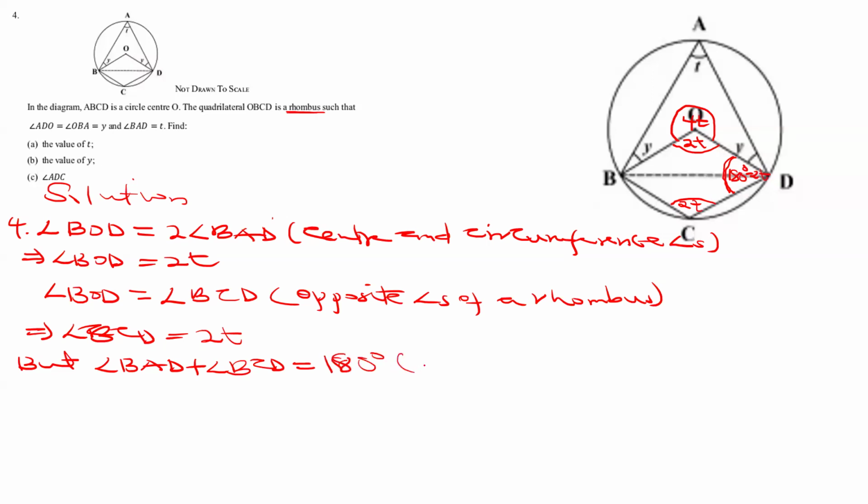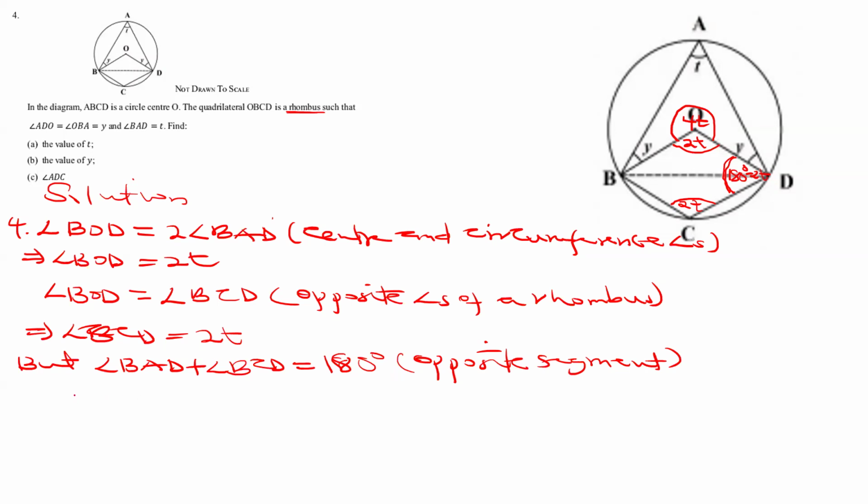My reason, I put it in bracket, and the reason is that I can write angles in the opposite segments, or angles in a cyclic quadrilateral. So I can write opposite segments, or put in brackets the cyclic quadrilateral like I said.